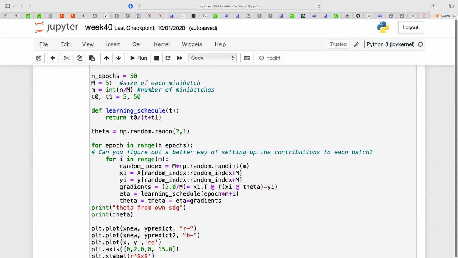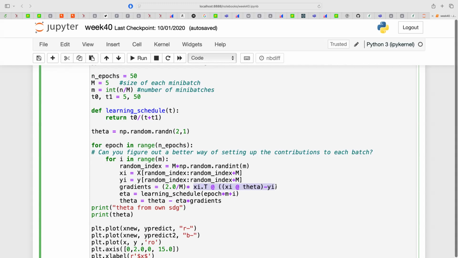So each mini batch has only 5 data points. This means that when I calculate the gradient here, instead of dividing by the total number of data points, I need to divide by the number of data points in each small batch. What follows here is simply your ordinary least squares gradient.